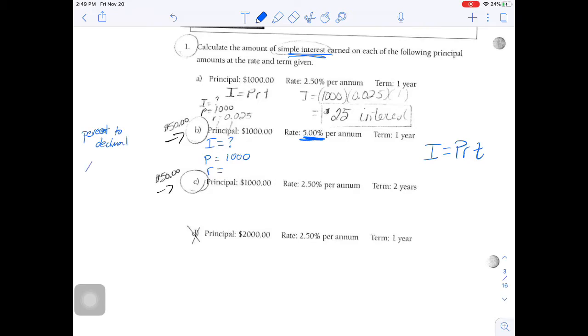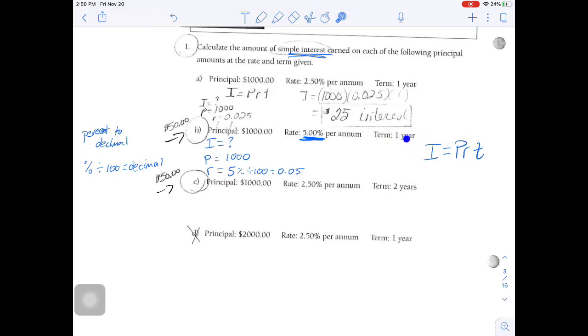So your percent divided by 100 equals a decimal. So in order to use this 5%, we are going to do 5% divided by 100, and that gives us 0.05. So that's what we're actually going to use when we plug it into our formula.